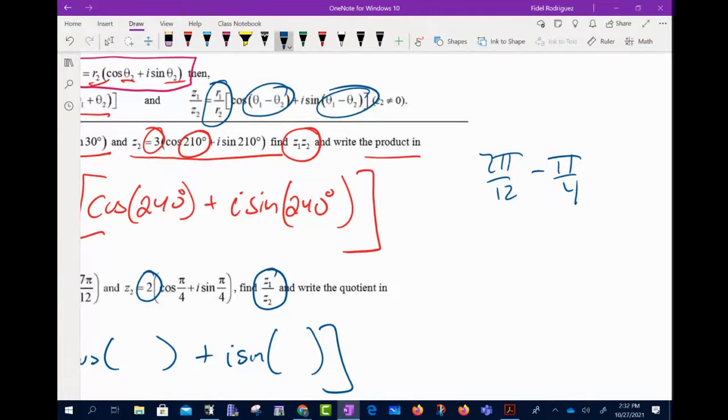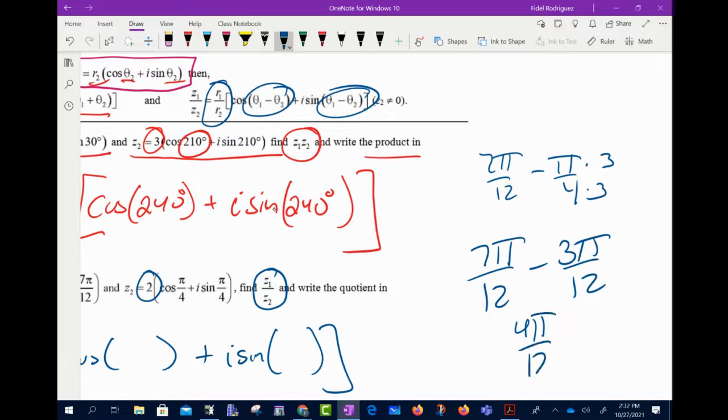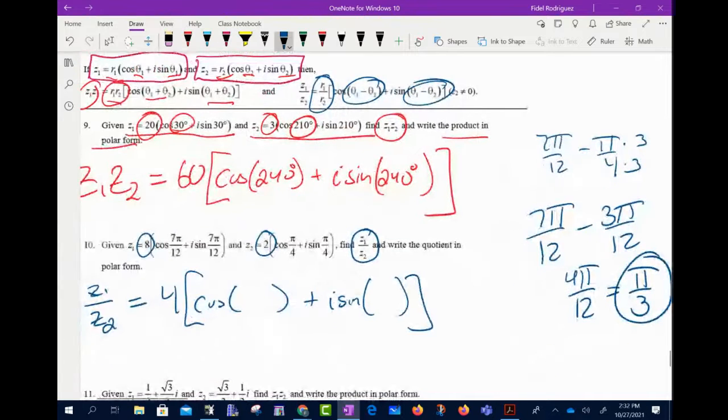What do you think my common denominator is going to be here? We're going to multiply them both by 3. Very good. So 7 pi over 12 minus 3 pi over 12 is going to give us 4 pi over 12. We can reduce it back to pi over 3, right? So then right here, y'all, we're just going to put pi over 3.